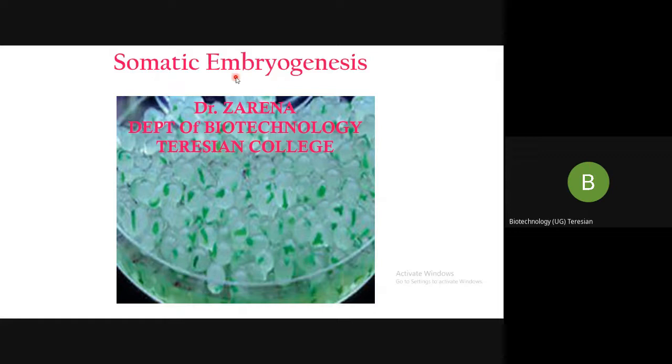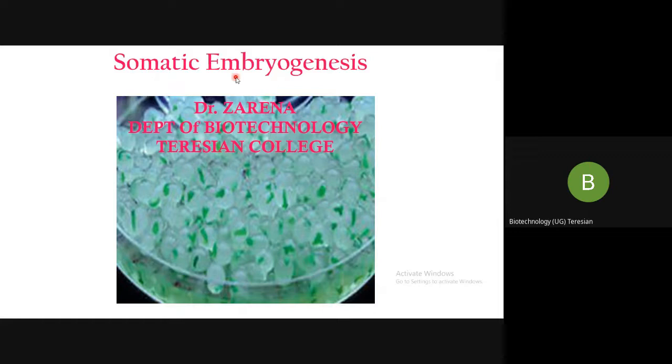So if you want large scale propagation, what do you require? You require plant material of suitable age, the type of genotype, and they should have a high germination rate. If they don't germinate, there is no point. So they should have a high germination rate.